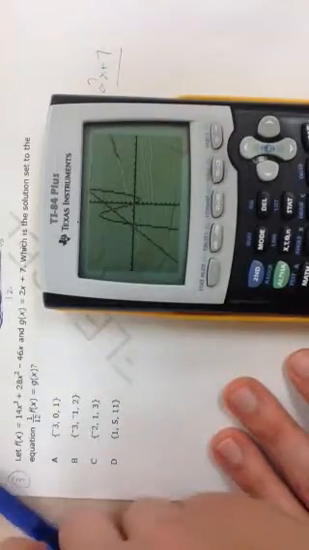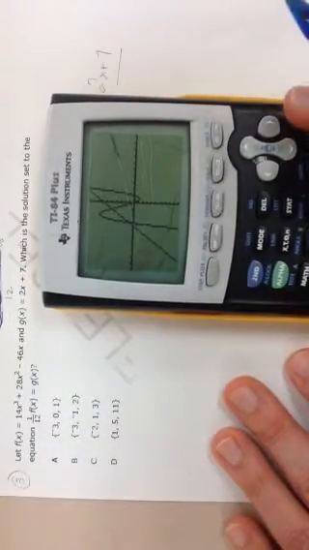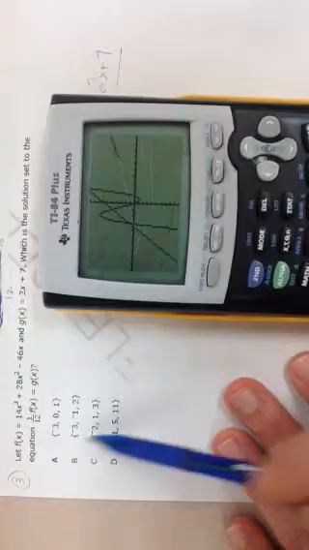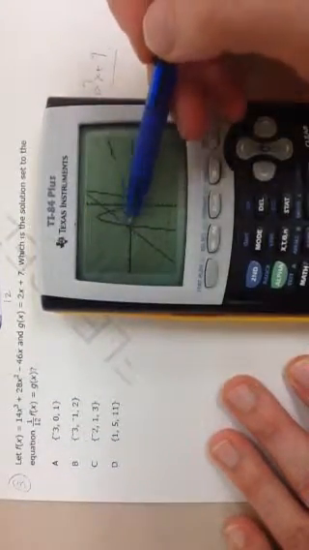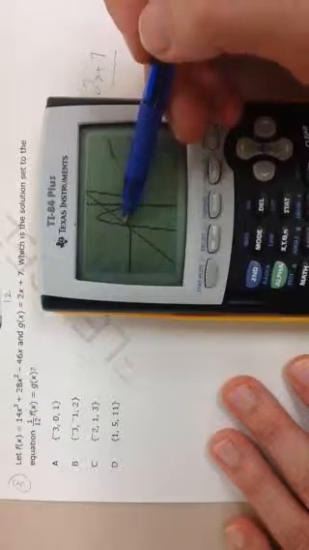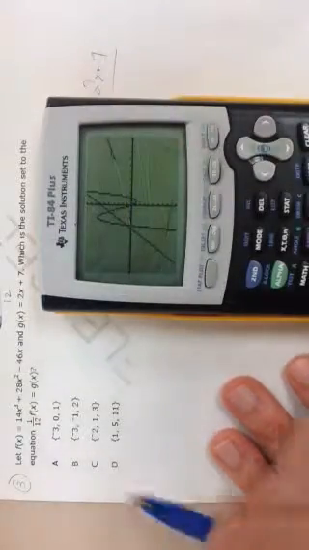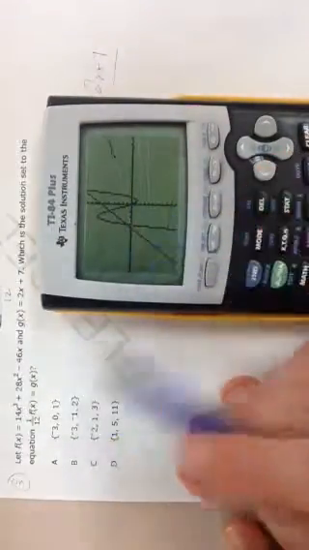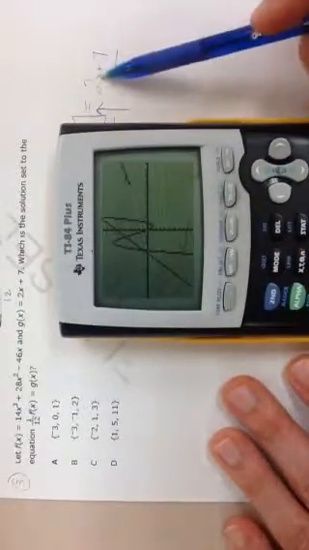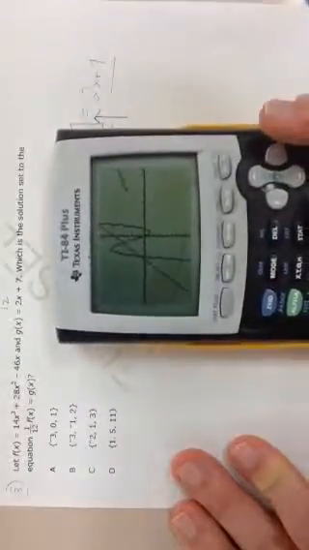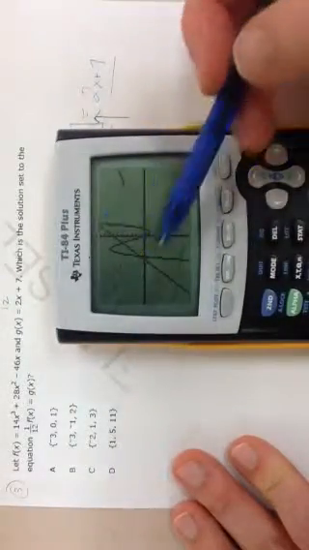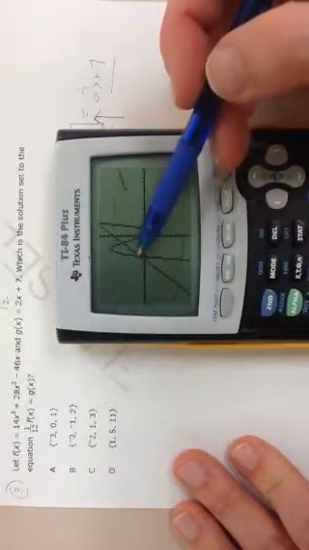So now we just need to figure out where they're intersecting, right? And I have these choices, so if I look, I can see that this one right here is crossing right at -3. So right at x equals -3, and what we're looking for is what the x values are. Remember what the x values are when they cross. So the x value here is going to be -3.